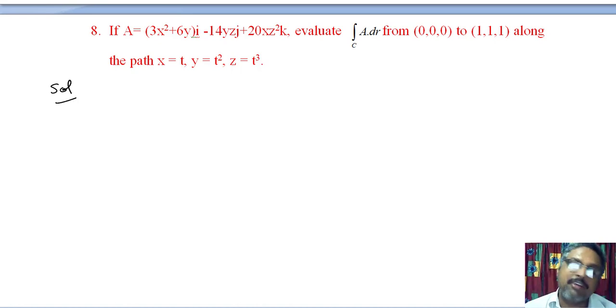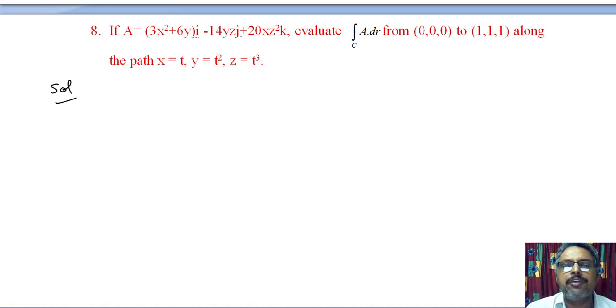Here a vector is given instead of F: A equals (3x² + 6y)i − 14yz j + 20xz² k. Evaluate the integral of A dot dr from the point (0,0,0) to (1,1,1) along the path. This path is in parametric form.